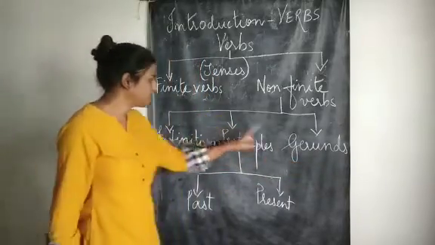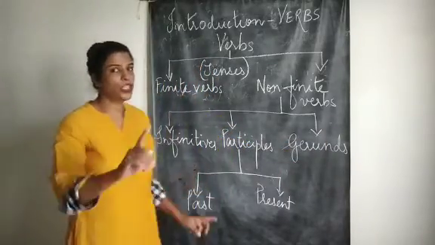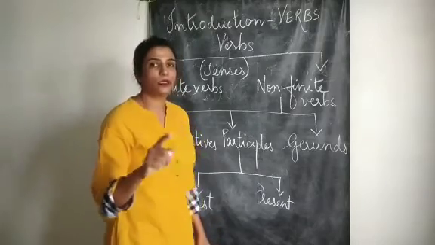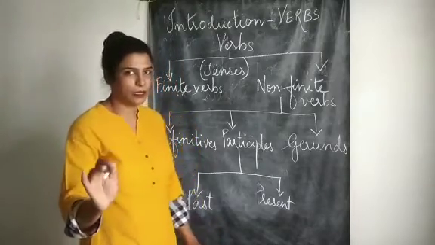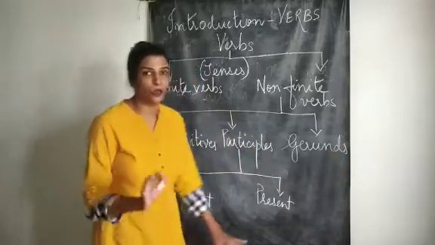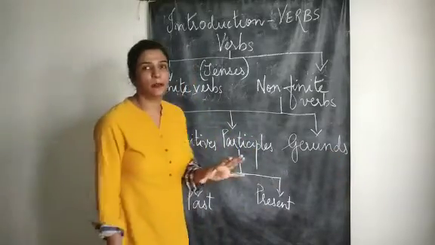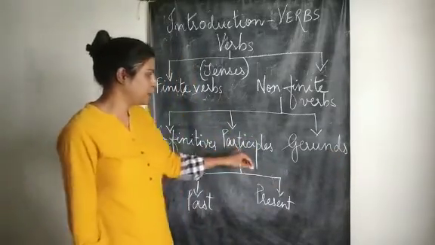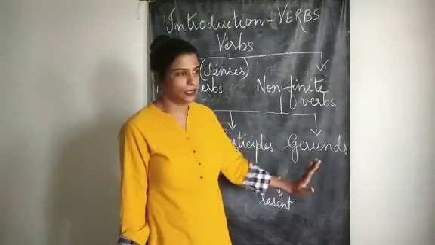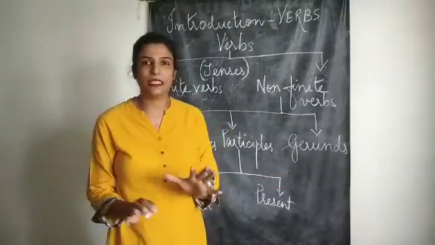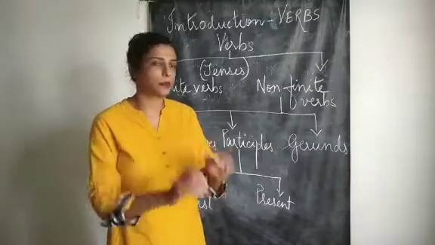That means these verbs will not change in accordance with the subject's number. Keep that in mind. These will not change at all. The names have been given as infinitives, participles and gerunds. One by one I will teach you what is what.